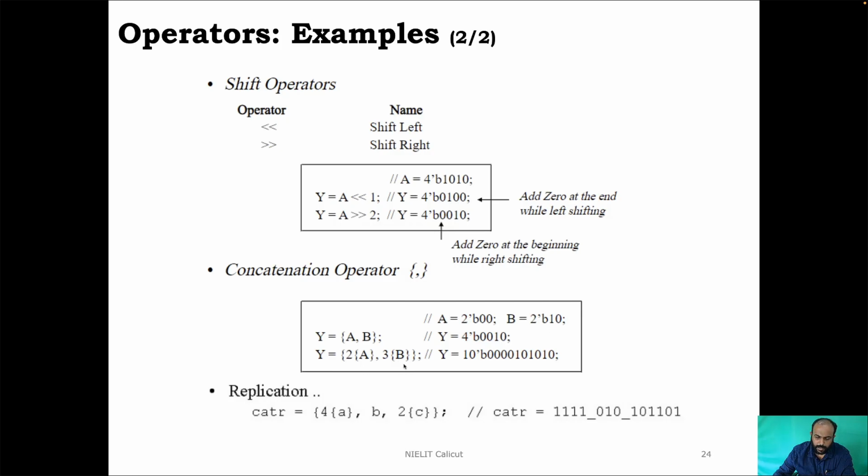Now you are concatenating both using the concatenation braces. So you get A 2 times, 0000, then B 3 times, 101010, and that's the resulting number. And the number will be how many bits? 4 plus 6, 10-bit wide. Below is also yet another example of the concatenation operator.